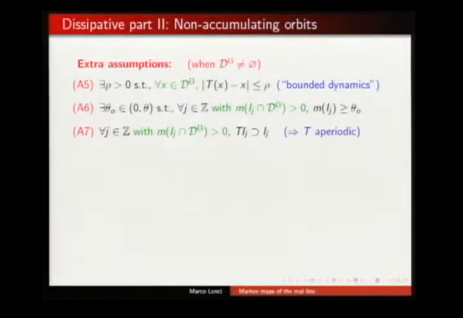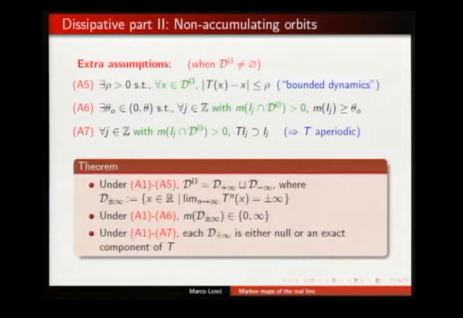And this is the not so mild condition: you require that every interval in this part has an image which covers it. By the way, this gives you automatically that the map is aperiodic, because you have at least one return time equal to 1, so the greatest common divisor of all the return times for all the intervals is 1. But if you have these conditions, you can actually say something.